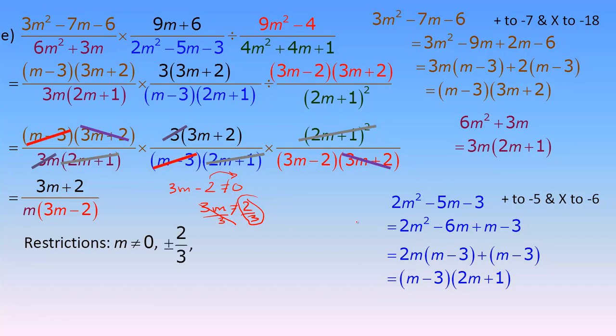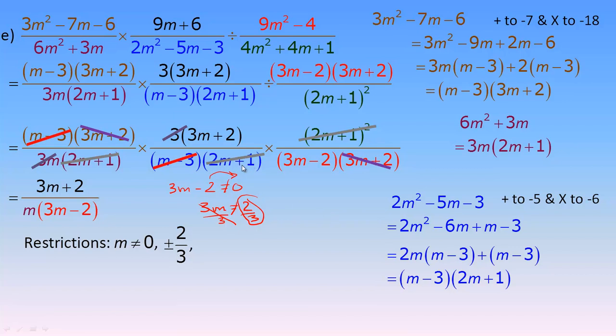And actually, there's a restriction of negative 2/3 as well, because that was from the 3m minus 2 factor, but there's also the 3m plus 2 that was once upon a time in the denominator. The only difference is, when you solve 3m plus 2 can't equal 0, the sign's going to change here. It's going to be a negative 2 over 3 as well. So that's why there's a plus or minus 2/3.